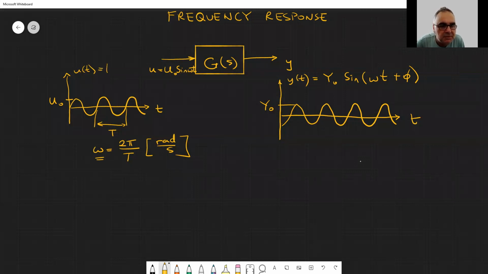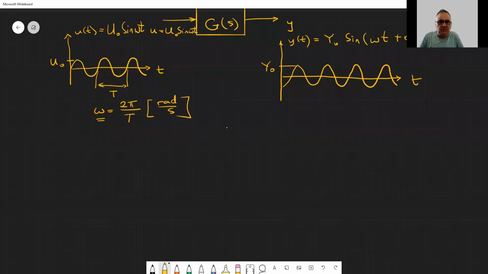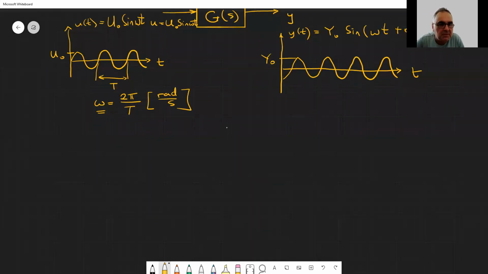So u(t) is u0 sine omega t. Output is y0 sine omega t plus phi. Now, these quantities: u0 is the input amplitude. y0 is the output amplitude, as you see.